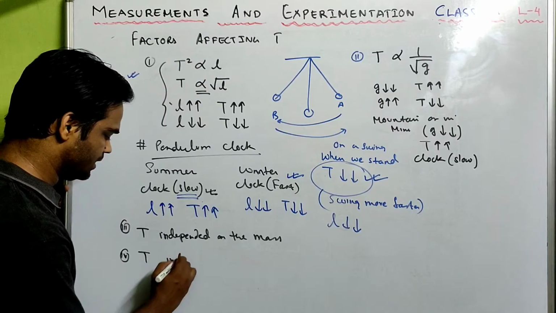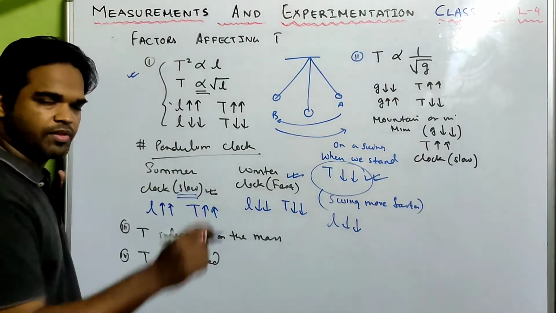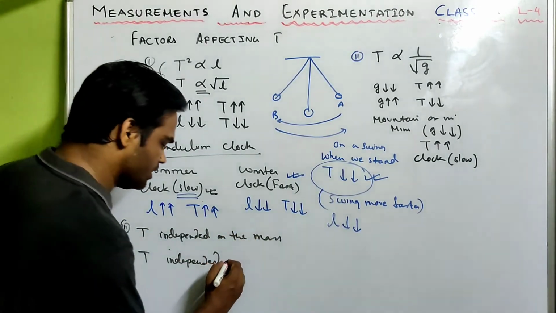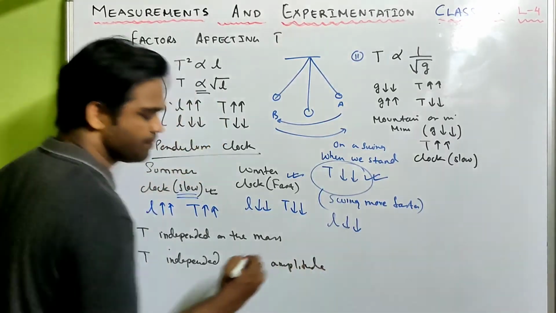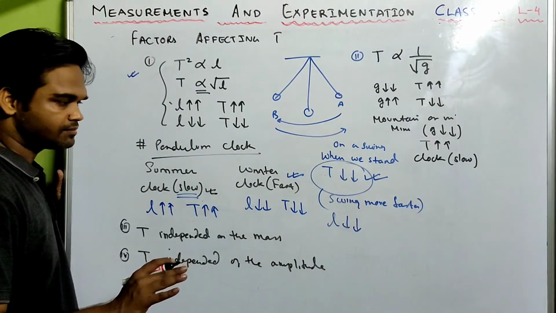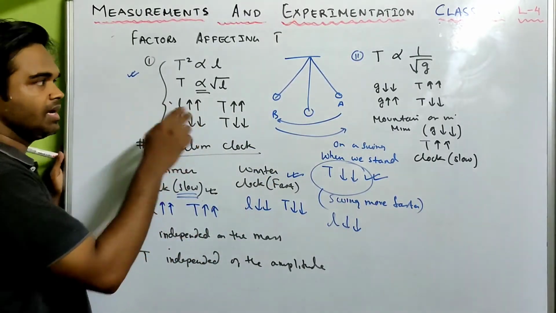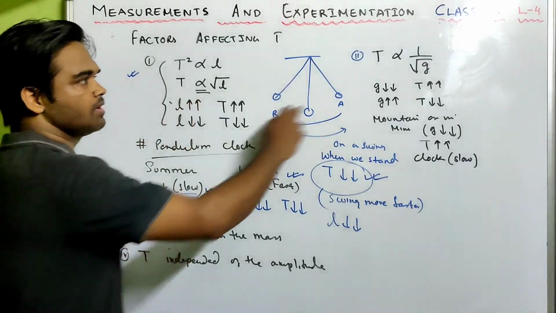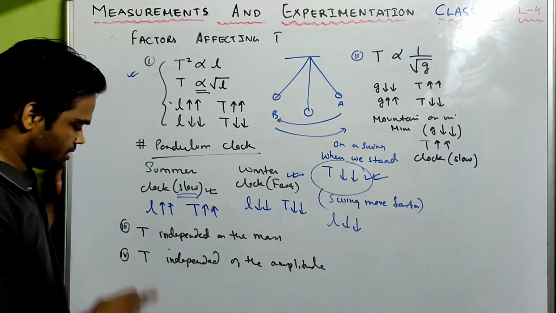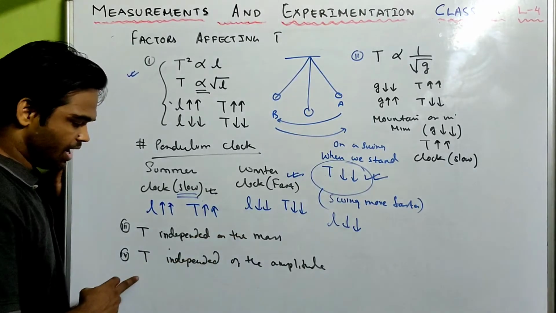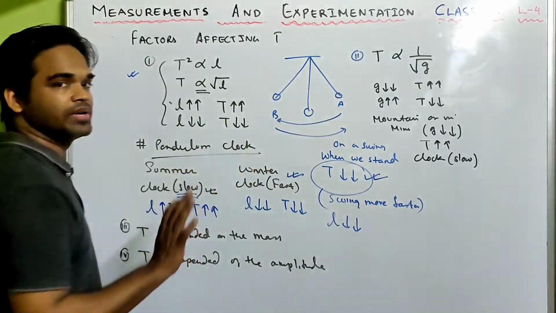Time period is independent of the extent of swing of the pendulum, which means it's independent of the amplitude. Am I clear? So combining these, remember that it is directly proportional to the square root of the length, inversely proportional to the square root of the acceleration due to gravity. It's independent of the mass and independent of the amplitude, the extent of swing.